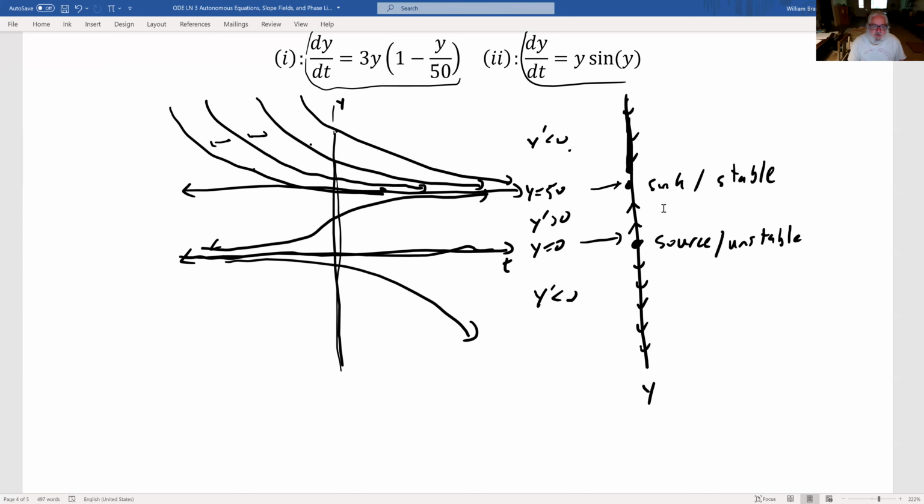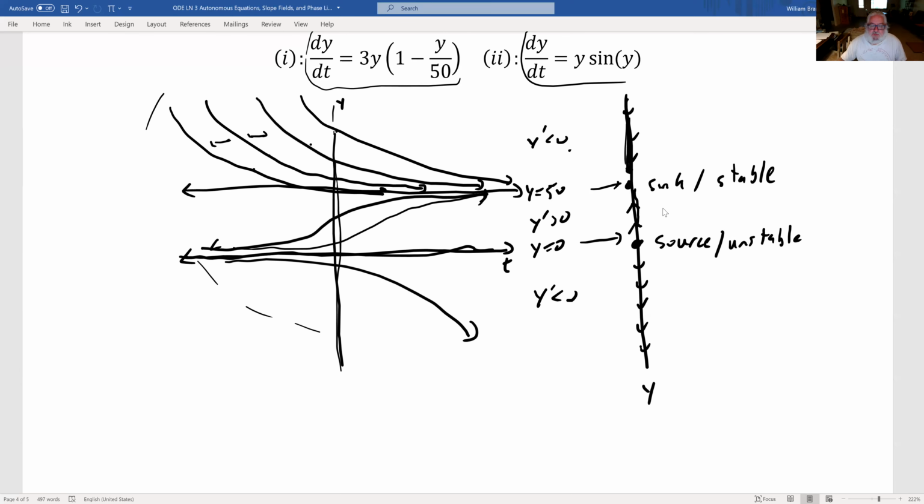And so the solution curves, since they're all getting pushed onto the same thing, sort of cross each other here. This is many solution curves, not just one, and they all behave pretty much the same. But in the slope field, the solution curves can't cross each other. Okay, and so there's that analysis.